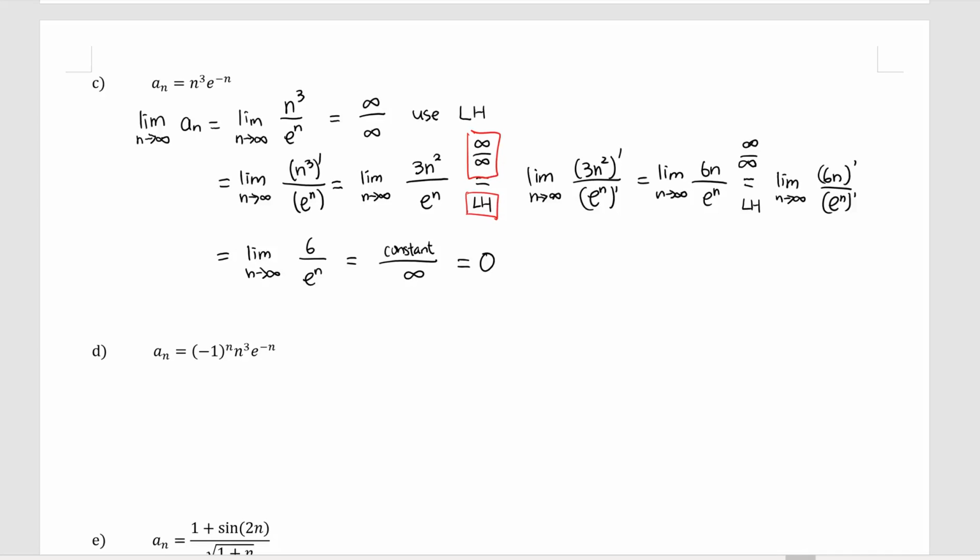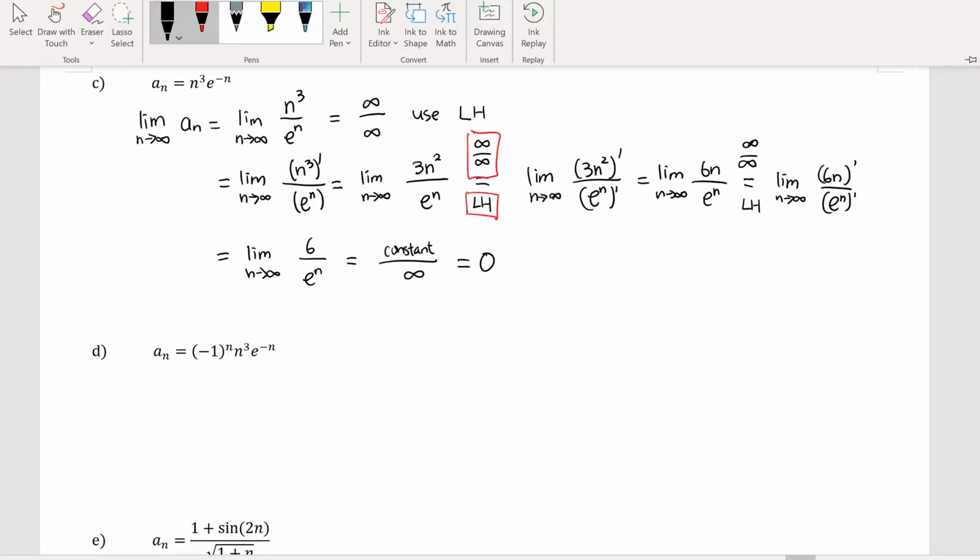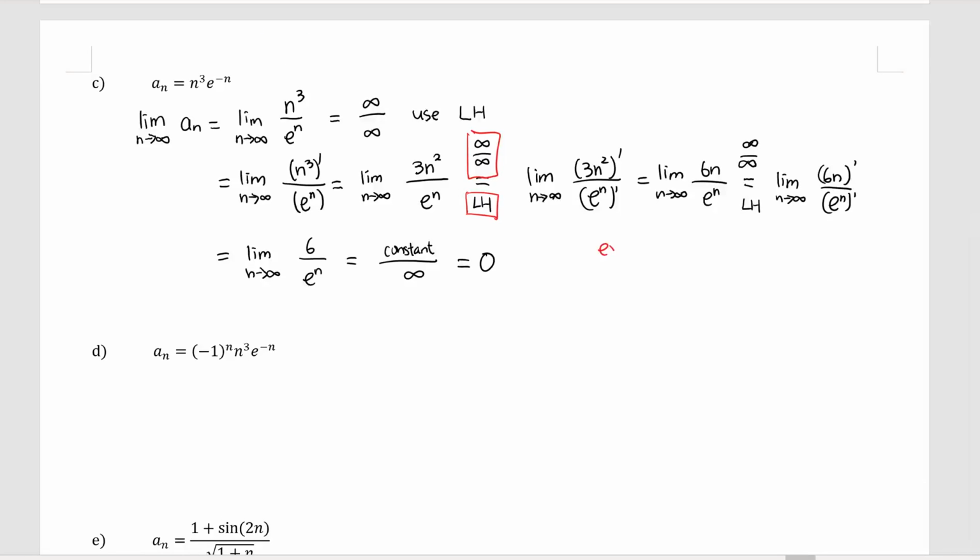If you can remember that exponential functions grow faster than all polynomials, let me write it down: exponential functions grow faster than polynomials.